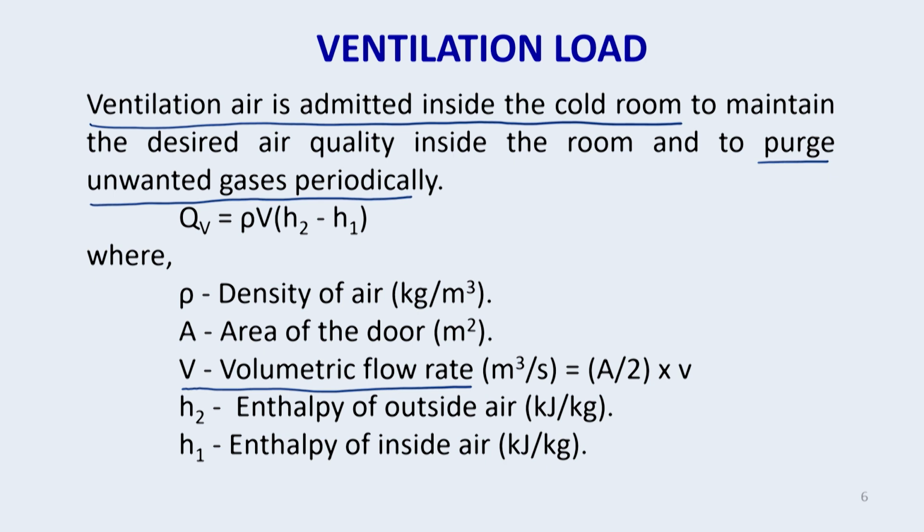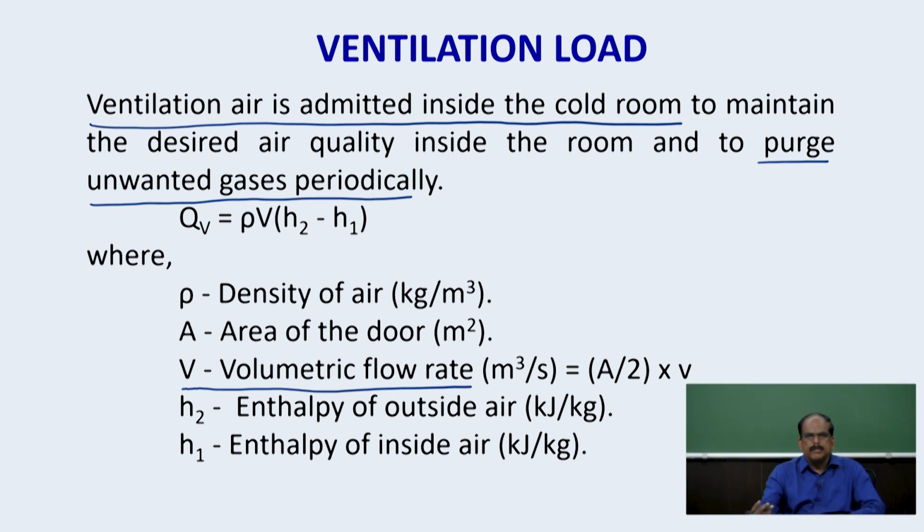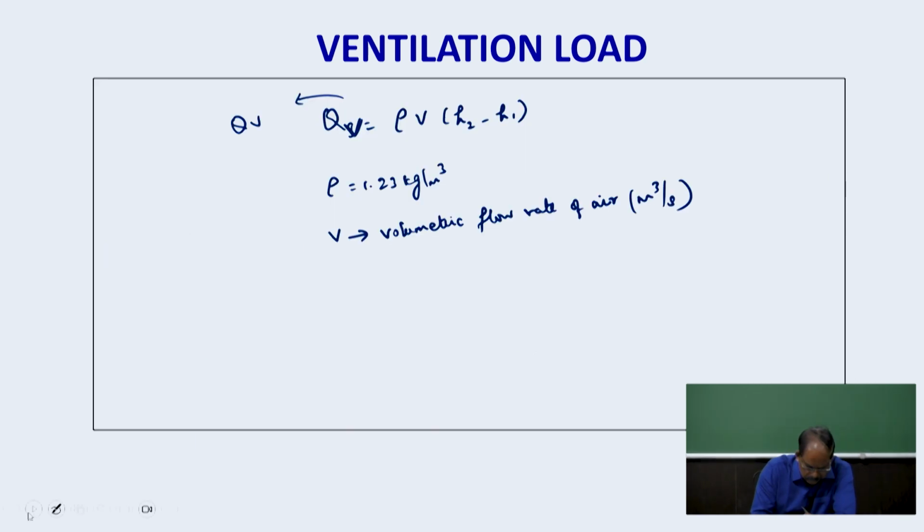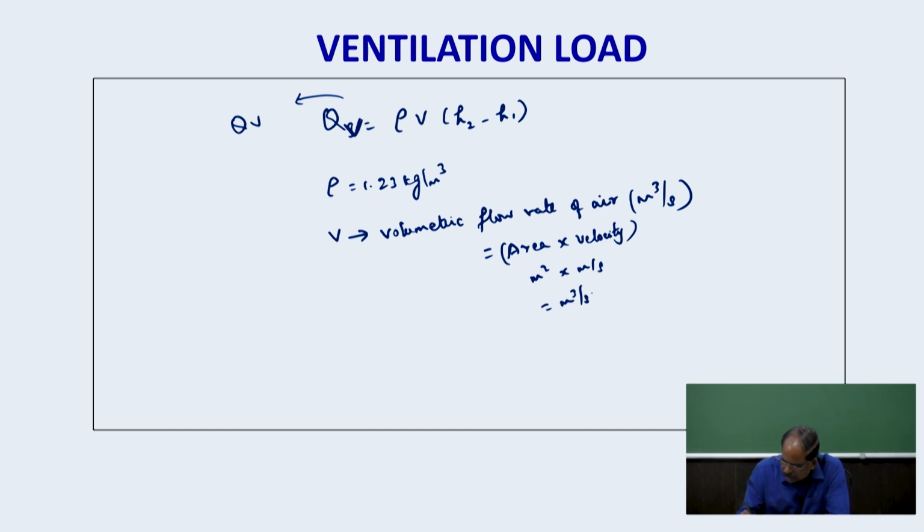Area is in meter square, velocity is in meter per second, so when we multiply you will get meter cube per second.